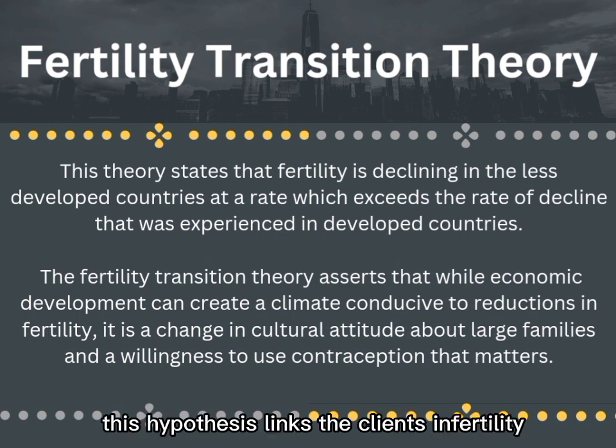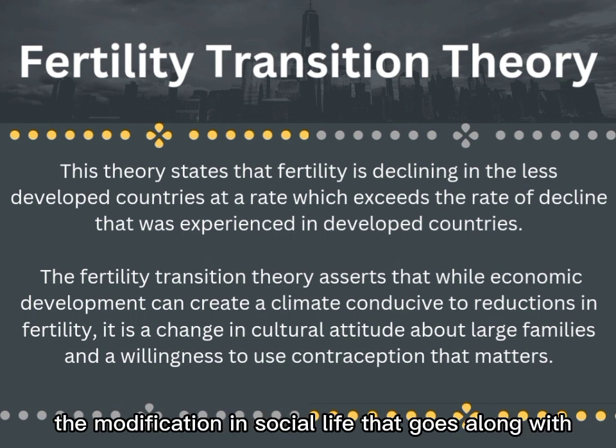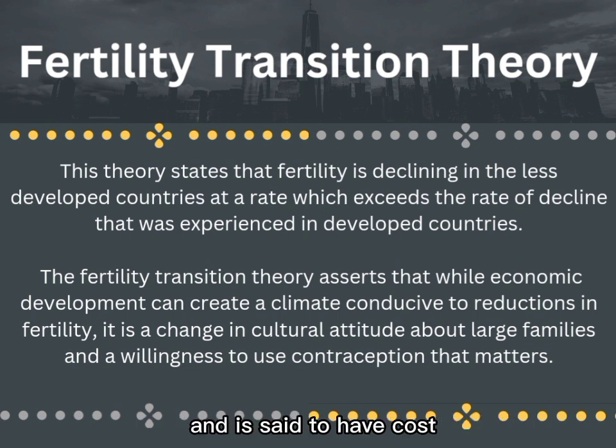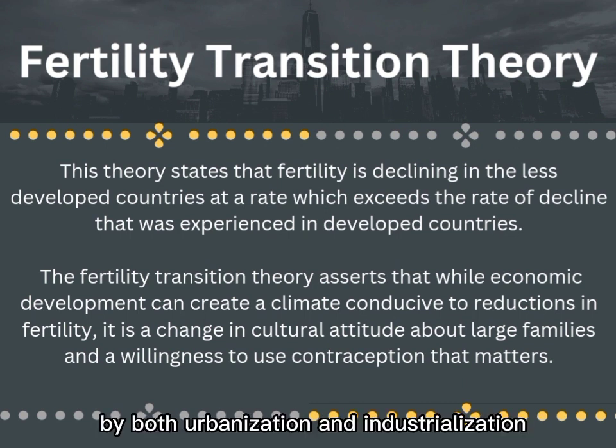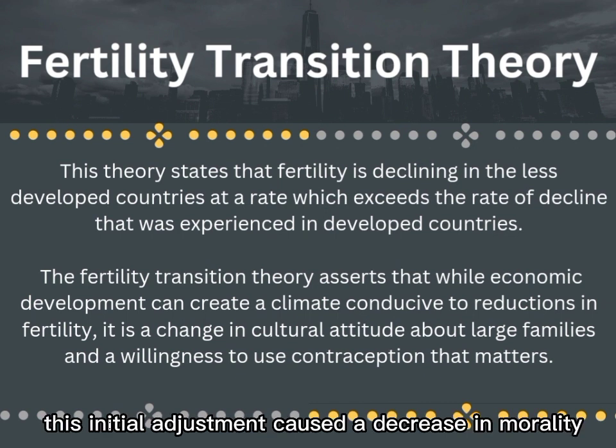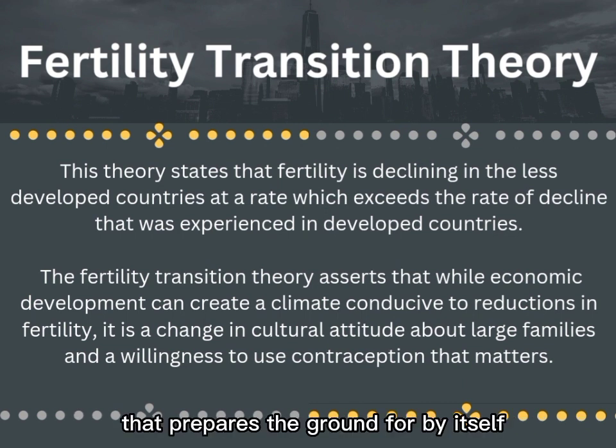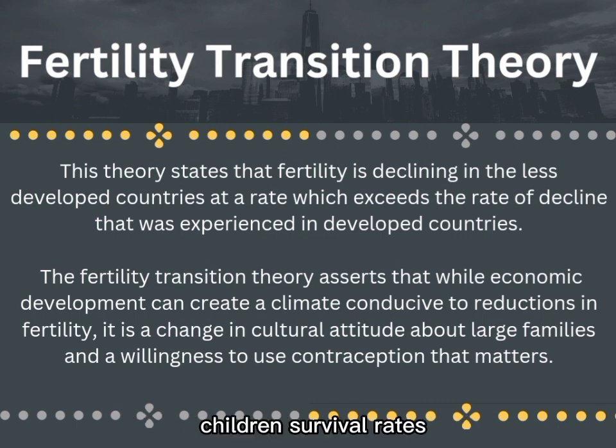This hypothesis links declines in fertility to modifications in social life that go along with, and are said to be caused by, both urbanization and industrialization. This initial adjustment caused a decrease in mortality that prepares the ground for, and by itself could result in, a reduction in fertility through children's survival rates and consequently family size.